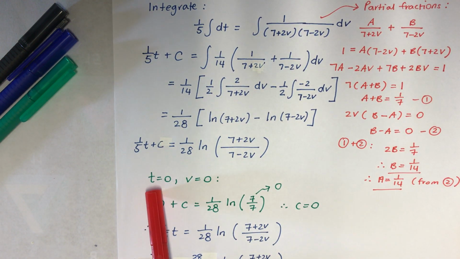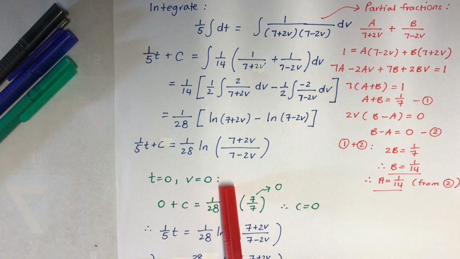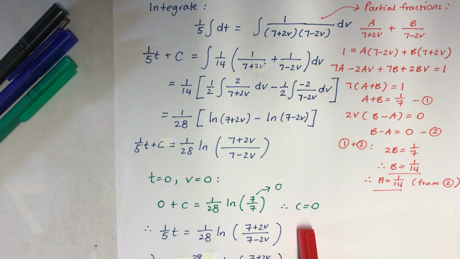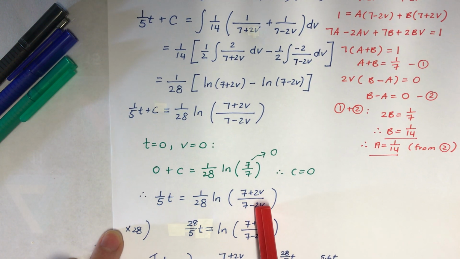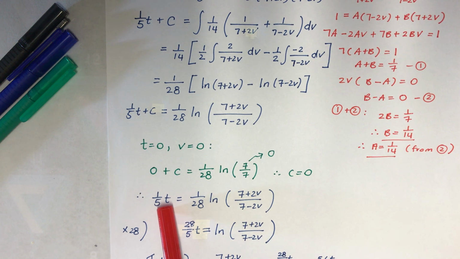Then initially t equals 0, v equals 0, so we need to use that to find the constant, and the constant equals 0. Therefore your overall equation is 1 over 5 t equals 1 over 28 ln((7 plus 2v) over (7 minus 2v)).